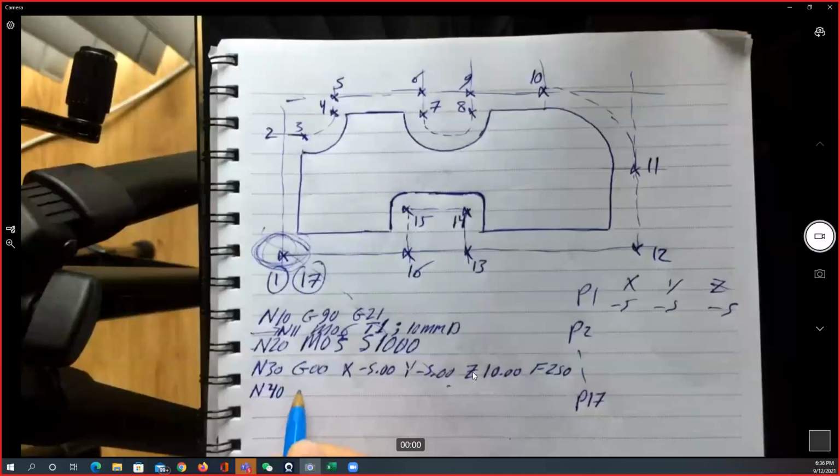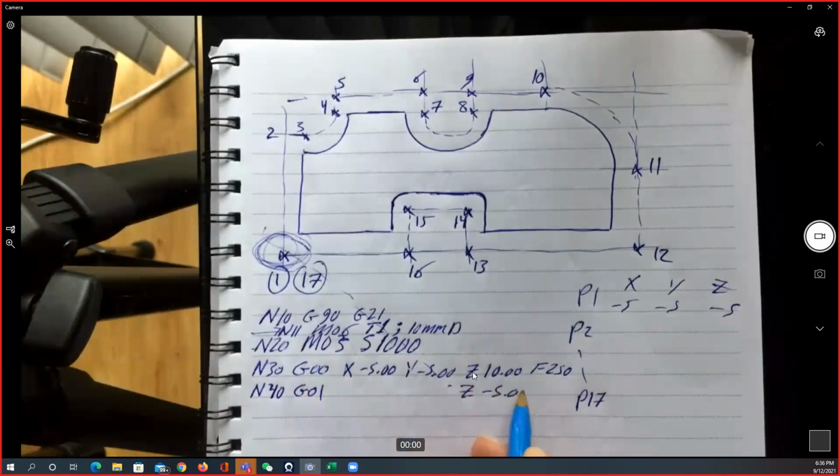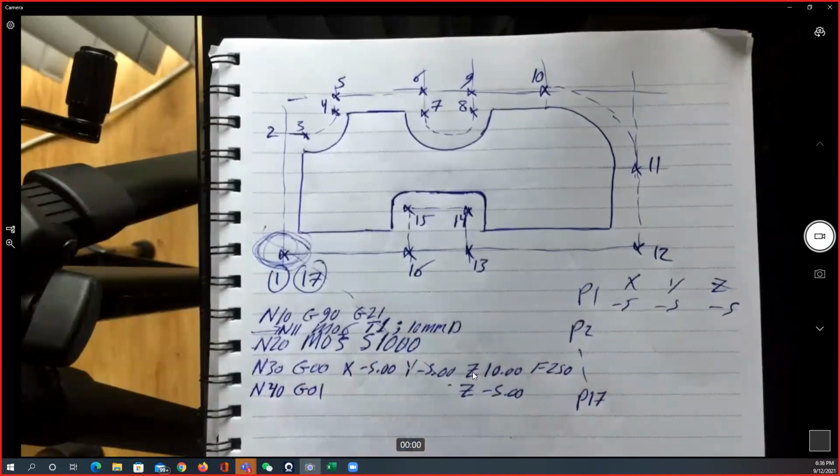So this is G01. The X and the Y are not changing, so you don't need to write them down once again. Just write down that the Z is equal to -5 millimeters. I can keep the same feed rate. Just go down at the velocity of 250 millimeters per minute.